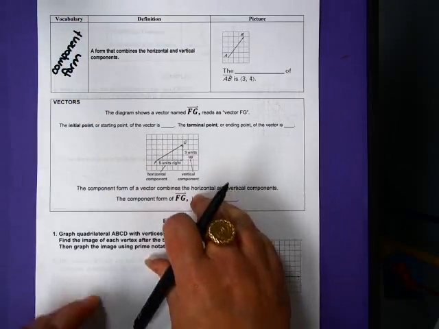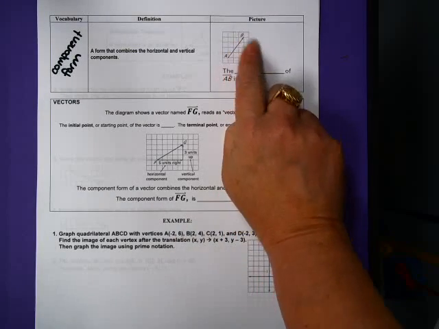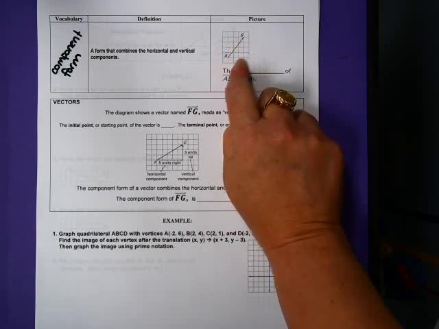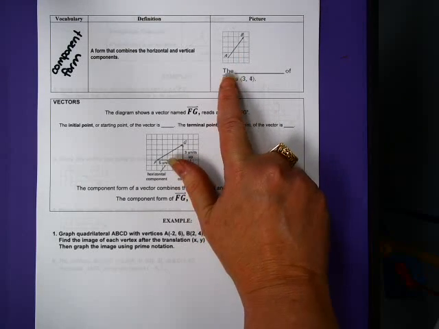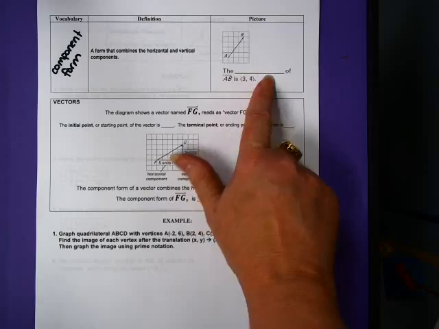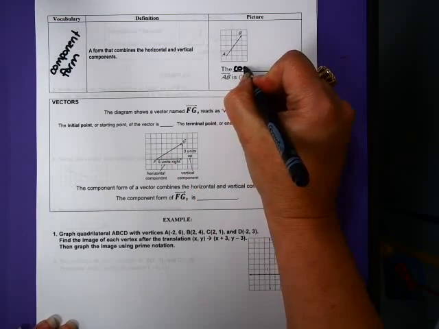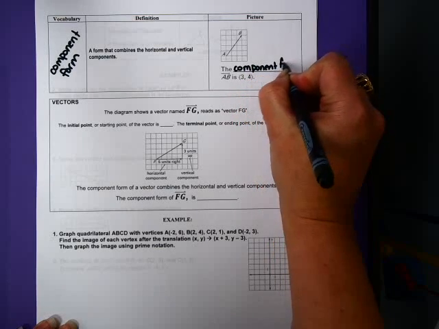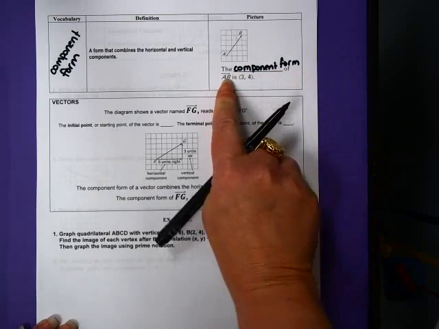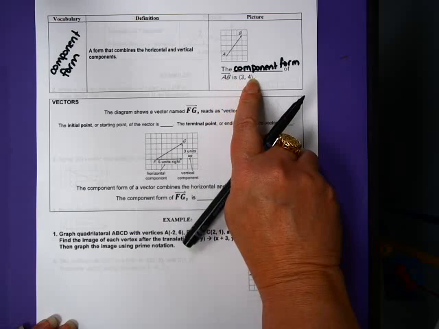Component form, you have a picture of this vector over here from A to B, and it says that the component form of vector AB is <3, 4>.